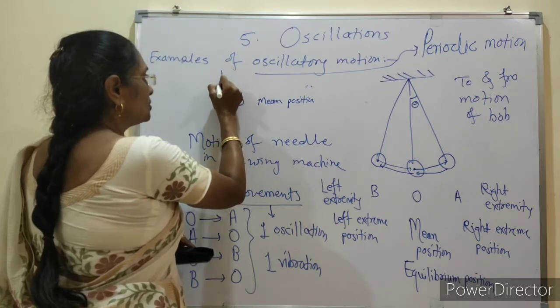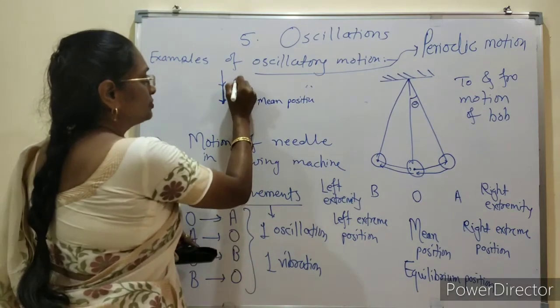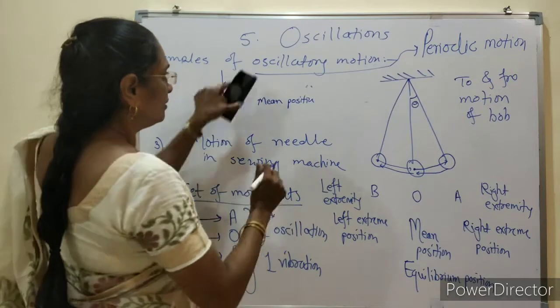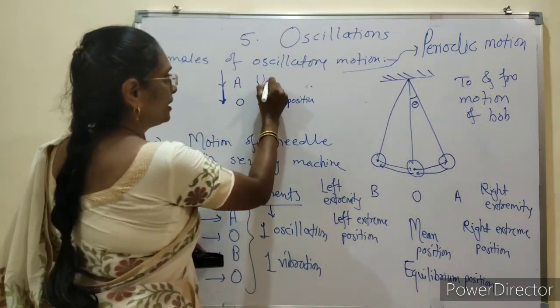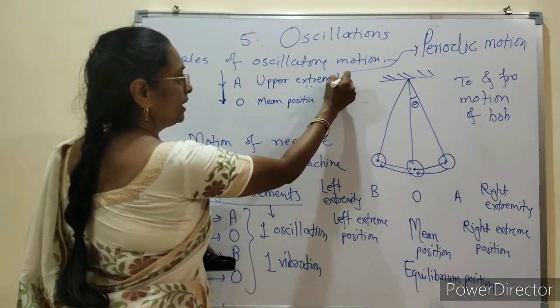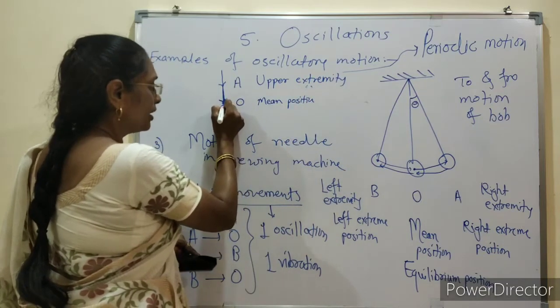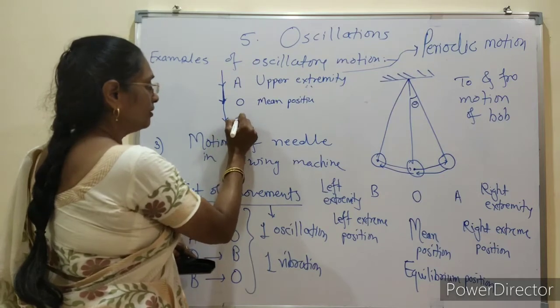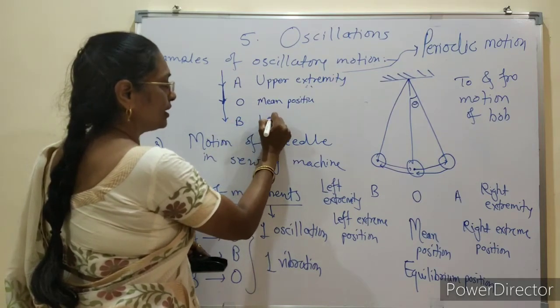When it goes up, its position is denoted by A. It is called the upper extreme position or upper extremity. When it comes to O, again it moves to B, that is called the lower extremity.